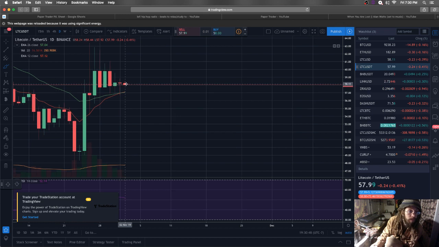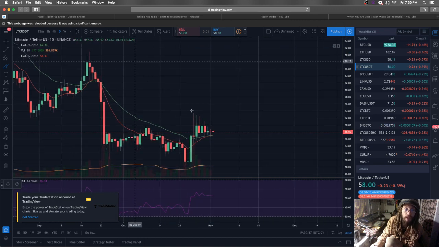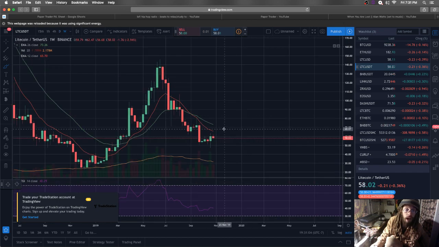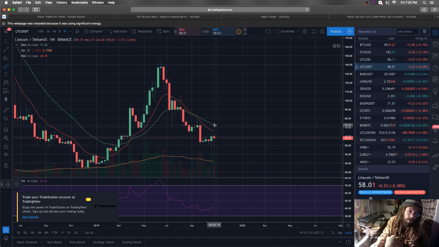And it wouldn't be a bad idea to maybe get an entry and put your stop loss right down here at $56. You'd be risking $2, but I think you would have a shot at getting a weekly lower high, possibly, is the next step for this. If it comes up anywhere below $81, that's just a weekly lower high.